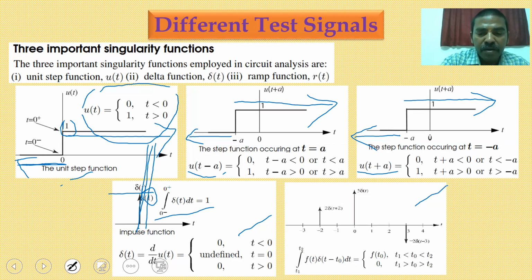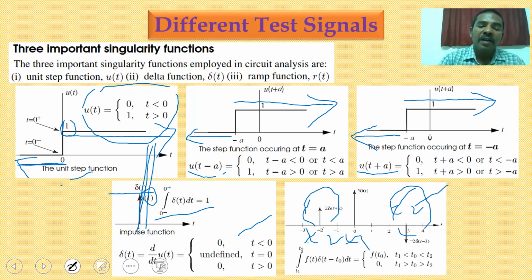If you take this as t1 and this as t2, we can get one equation, or this is t1 and this is t2, you can get one more equation. Like that you can represent a function in equation form with respect to the range of values of t.